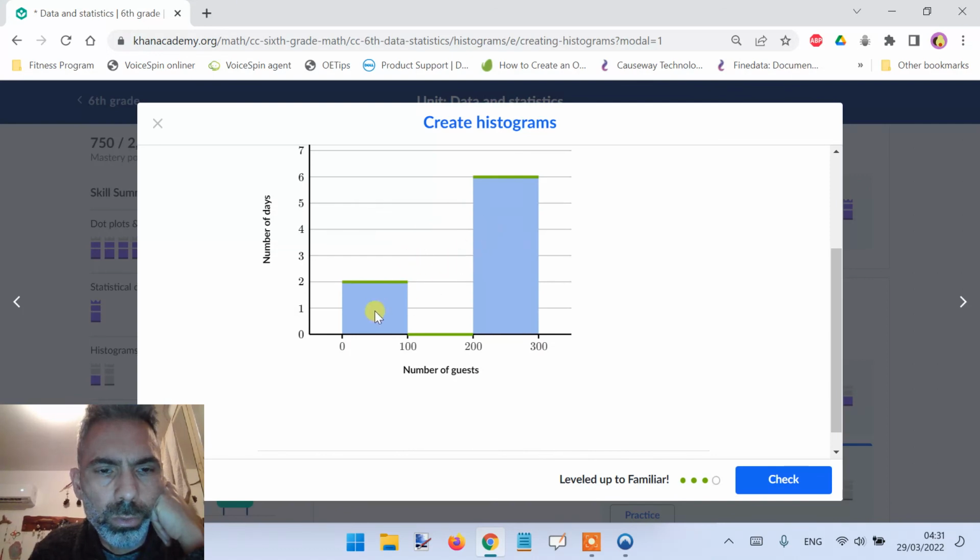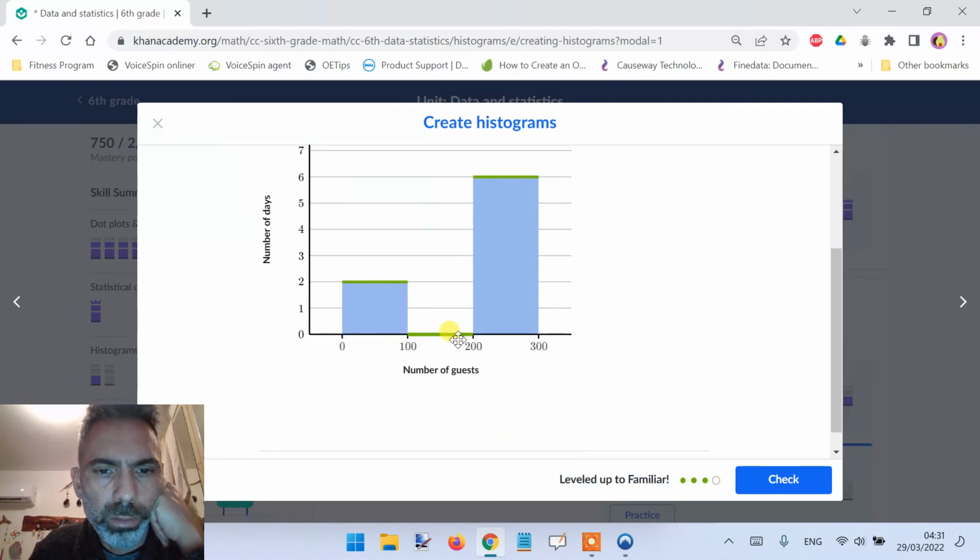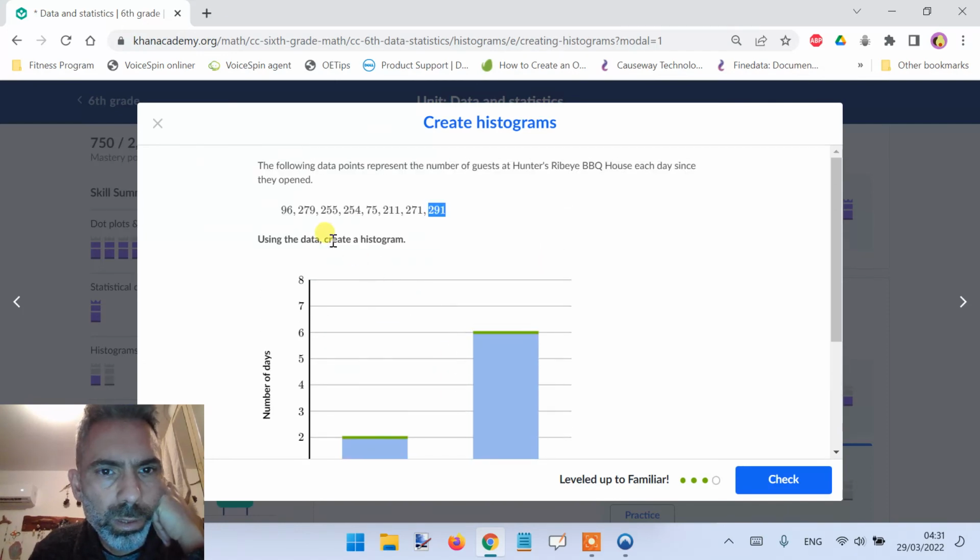So 6 and 2, 8 days. 1, 2, 3, 4, 5, 6, 7, 8 days. So this bar here between 100 and 200 has no representation in the data because there was not even one day where the number of guests was between 100 and 200.